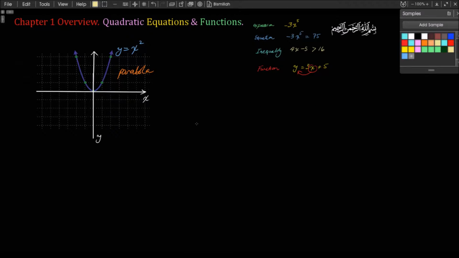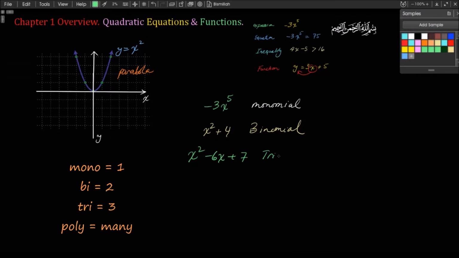Now I'm going to share with you some terms that are very useful to know right off the bat. Now when you have one term, such as negative 3x to the fifth, this is called a monomial, a single term expression. When you have two terms, such as x squared plus 4, this is a binomial. And when you have three terms, such as x squared minus 6x plus 7, this is a trinomial, three-term algebraic expression.